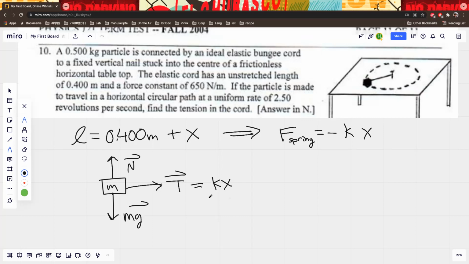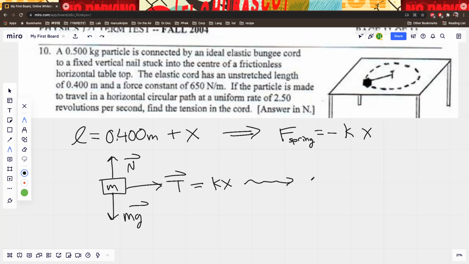The tension is caused by this elastic force. Basically we've taken it from an original length and then we've stretched it, and by stretching it, we are causing tension. And then this tension is causing acceleration.